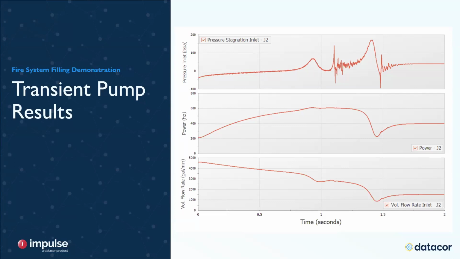And in those cases, you may need to try to break up your system into two parts and do part of it with filling and draining and part of it with cavitation, or decide which is more accurate, if it's a complex system where that wouldn't be feasible. We can also see in all three of these graphs that shortly after it finishes filling completely, the system stabilizes as we expect.